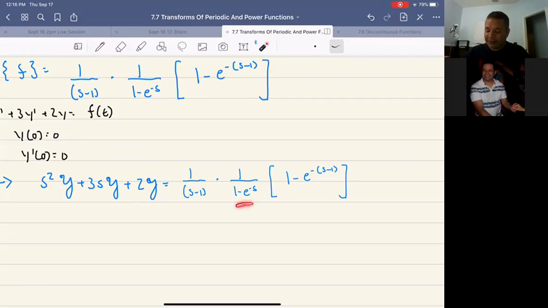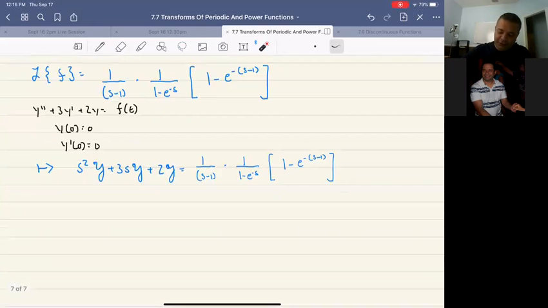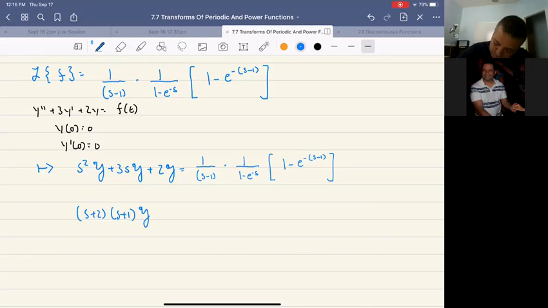So let's go ahead and factor that: s plus 2, s plus 1, times 1 over s minus 1, 1 over 1 minus e to the negative s, times 1 minus e to the negative (s minus 1).